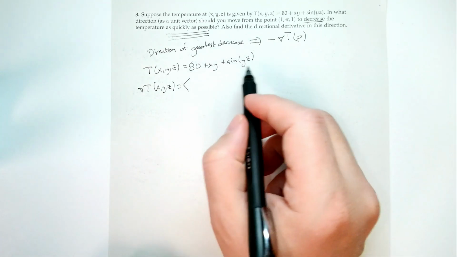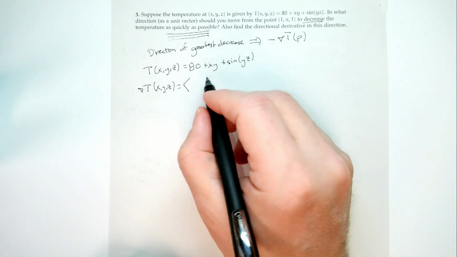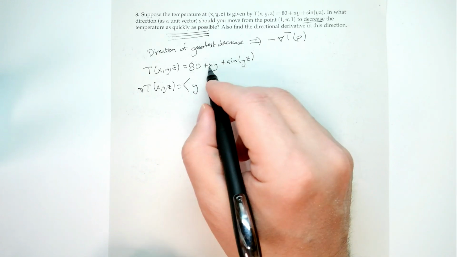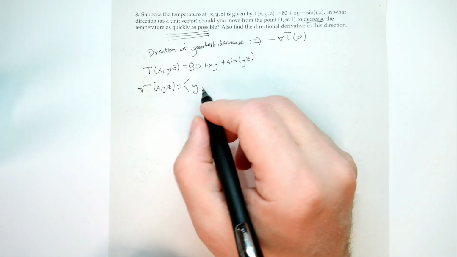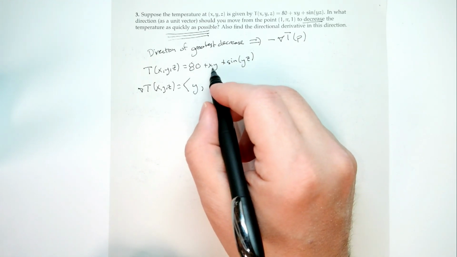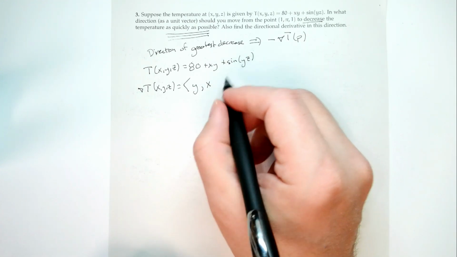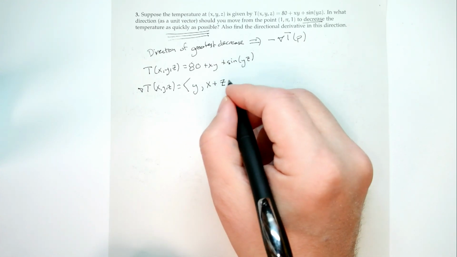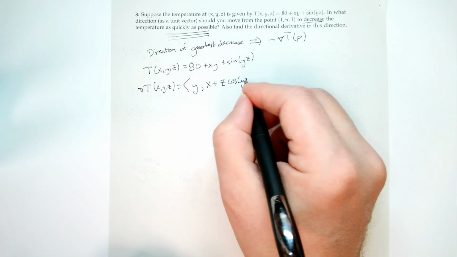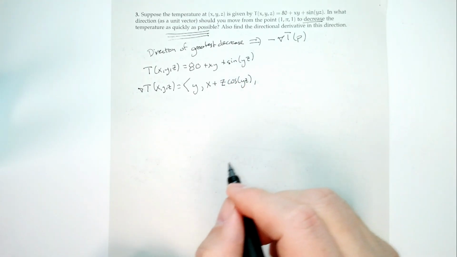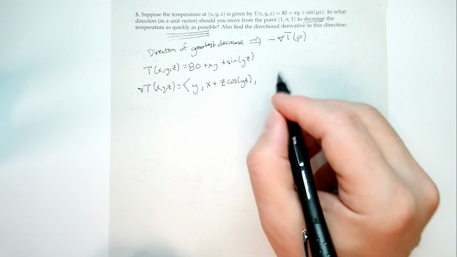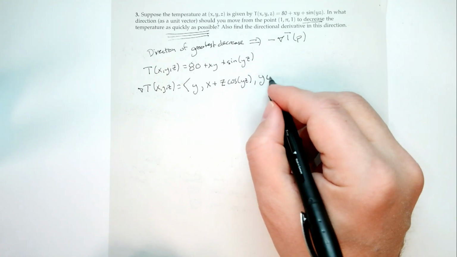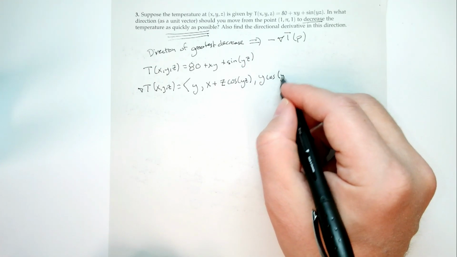In the first slot, derivative with respect to x, well, there's only one x, so we get y. Second slot, derivative with respect to y, well, there's an x. Then here, we'll get chain rule, z cosine yz. Last slot, well, there's only one z, so we're going to get y cosine yz.